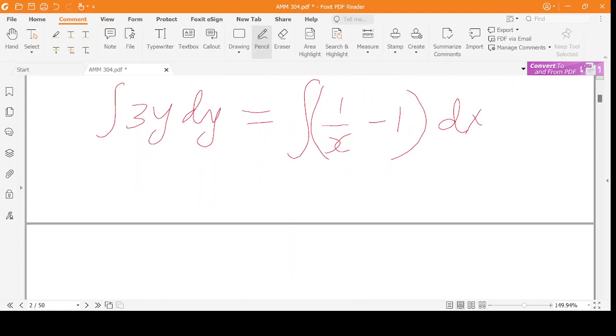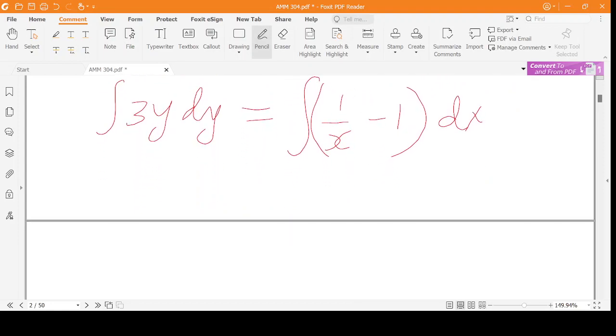The integral of 3y will give me 3 over 2 y squared, which will be equal to the integral of 1 over x, which is ln of x, the logarithm of x, and the integral of minus 1 is minus x.